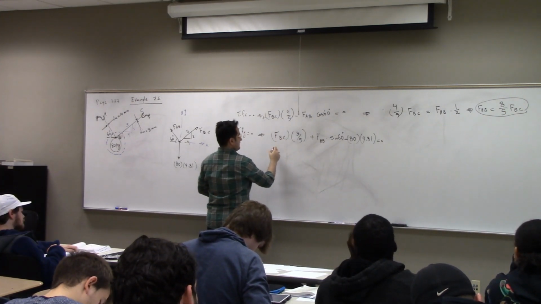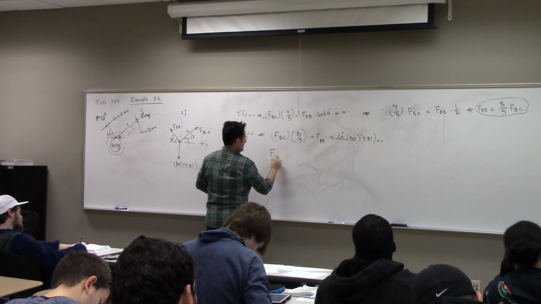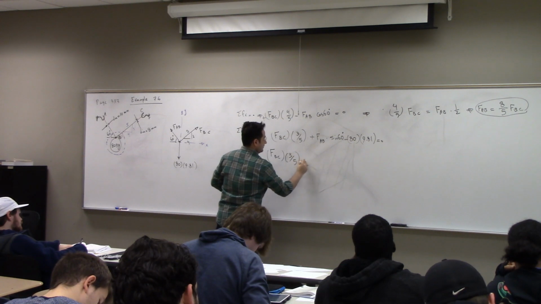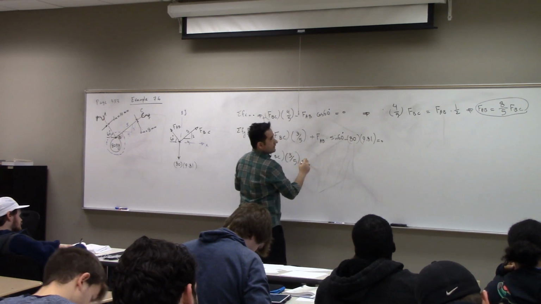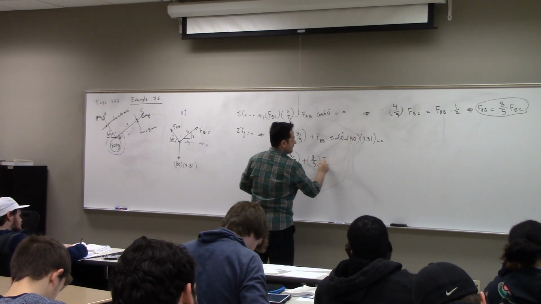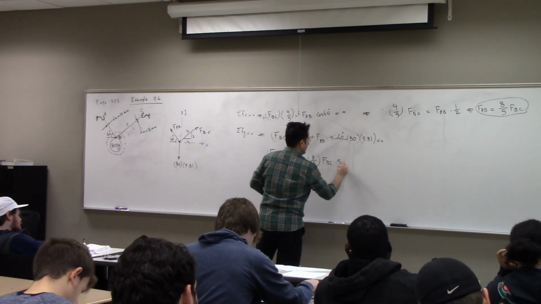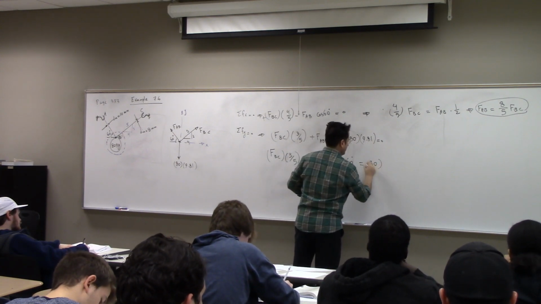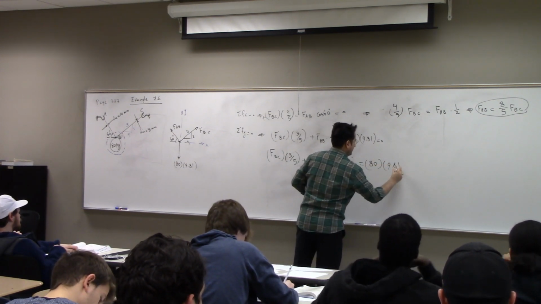So FBC times 3 over 5 plus FAB, which is 8 over 5, FBC times sine 60 is equal to 80 times 981.